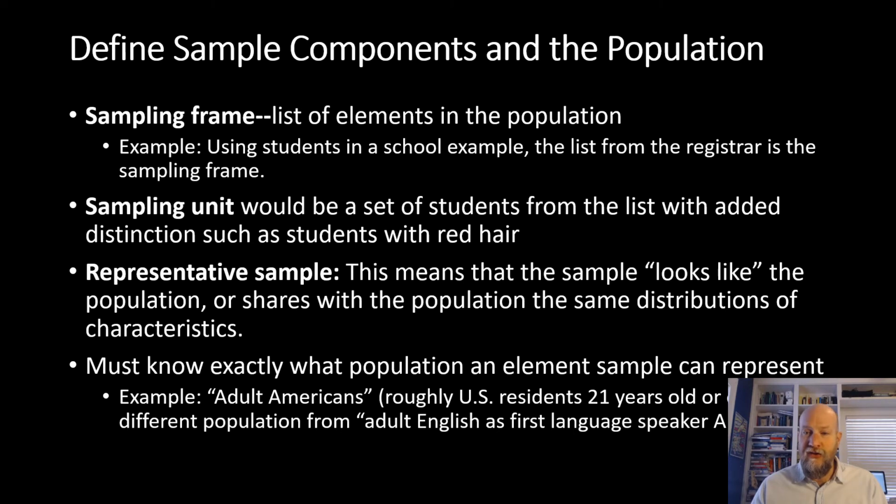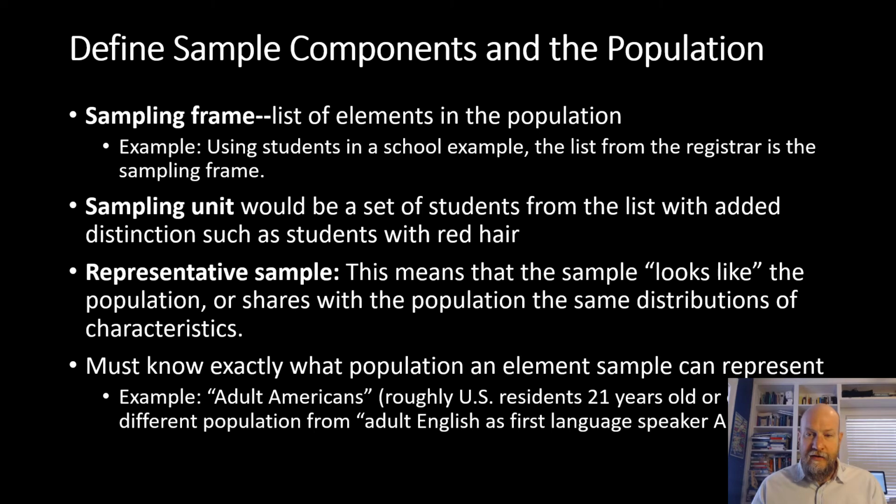I may only be interested in students that have a history of some particular illness in the past or some designation. So there's a smaller unit within there sometimes that we distinguish with a characteristic. The example here, students with red hair, right? Just something specific about those individuals within the larger population.